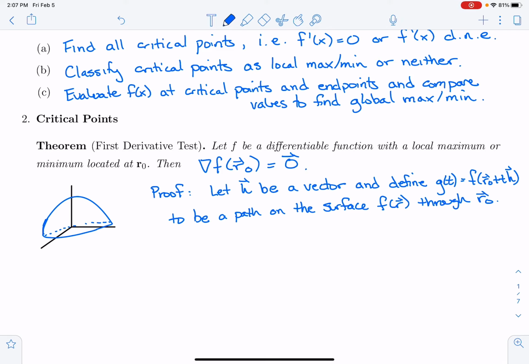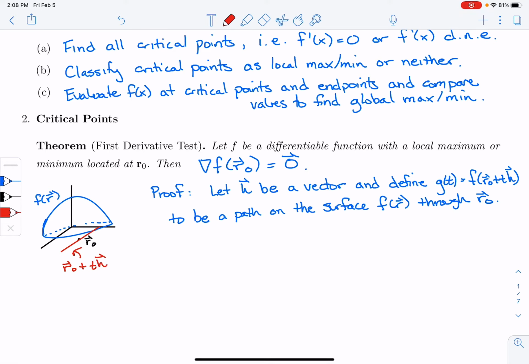Okay, so on the left side of my screen here, I have a surface I'm going to call f of r. And what we're going to do is we're going to take a point r0. So here I'm going to have a point, we'll call that point r0. And then I'm going to essentially define a line through r0. Okay, so the line through r0, that's going to be r0 plus t times h.